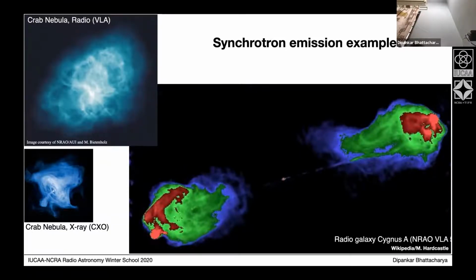And on the right-hand side, I have shown a very large, well-known radio galaxy called Cygnus A, where relativistic particles are being pumped from the central source, which you see as a small bright point, through large jets. These jets then interact with the surrounding intergalactic medium and produce large blobs of synchrotron radiation called the lobes, which are the brightest points that you see in this picture. So all of this is synchrotron emission.